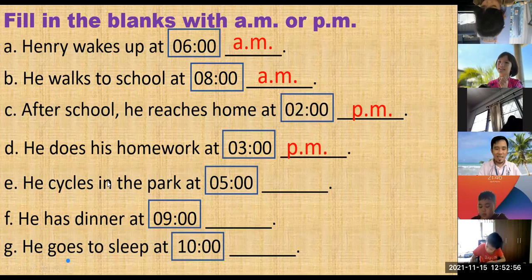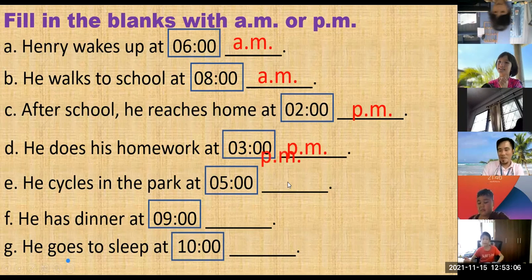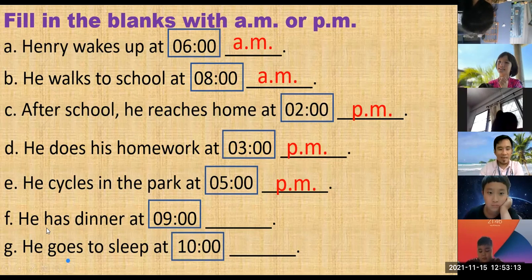Letter E. He cycles in the park at 5 p.m. Very good. PM. Okay, next.